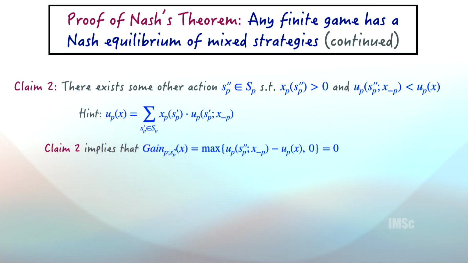For my notation, this is the same thing as this. That action which gave you a lower payoff will be the one where gain should be 0, because gain is literally capped at 0, right? You can't fall below 0. So that is it.